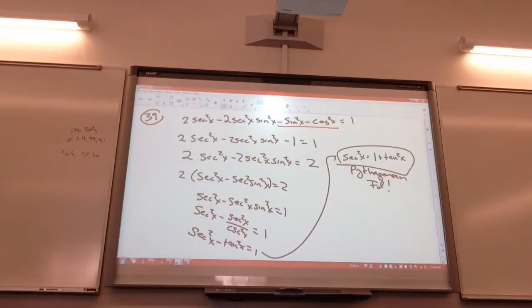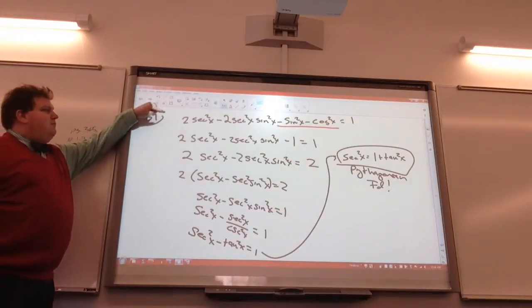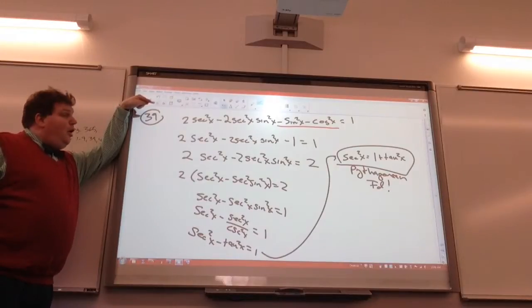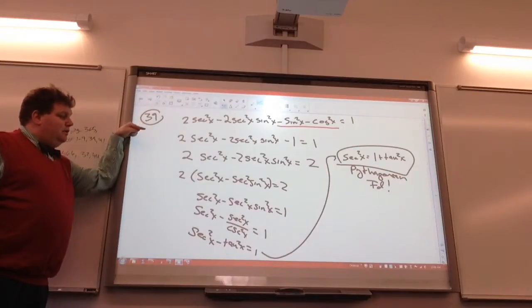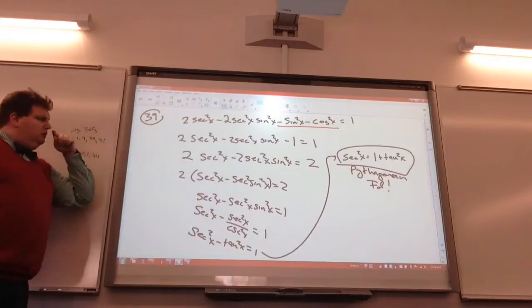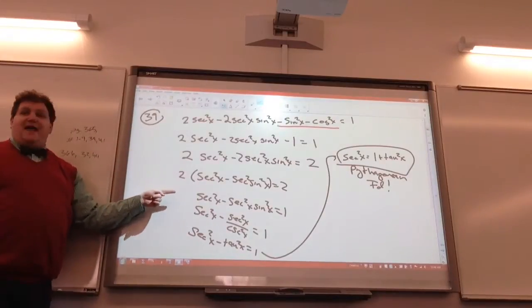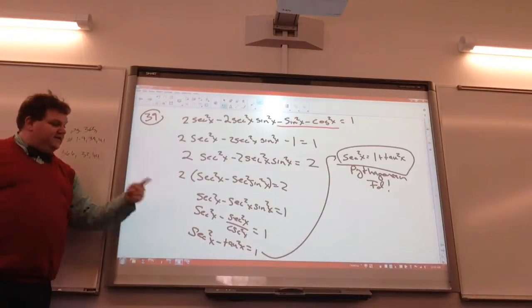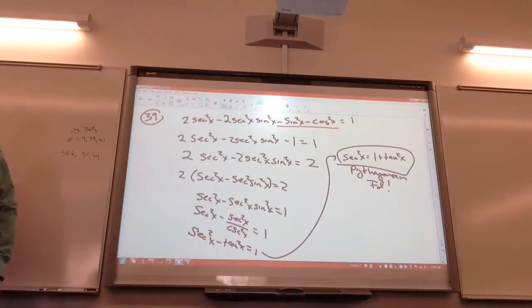But note how what we did here, we started with something that was really super complex. That's about as nasty and as hard as they come. And just using algebra first, we work it down into something that's a little bit more manageable, and then we use our algebra and the trig identities to get it to show the equivalence.